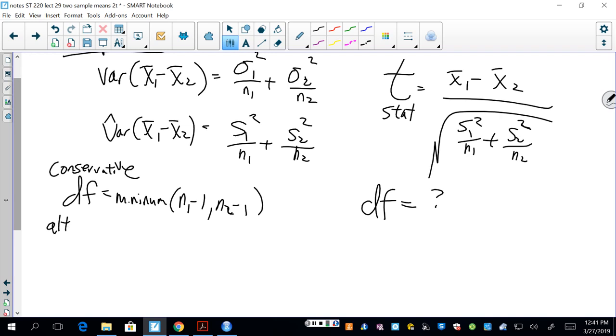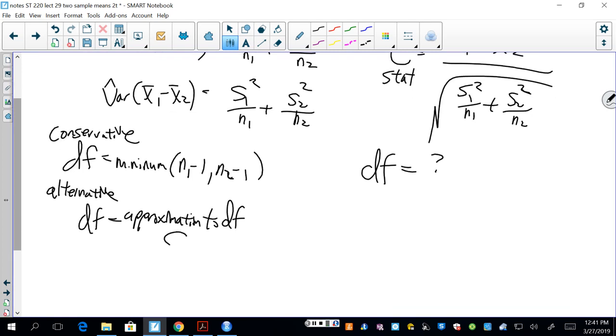An alternative to being really conservative that way is more complicated approximations to the degrees of freedom. There's a statistician, Satterthwaite, always hard to remember how to spell. There's an approximation that's more complex and gets used in practice.